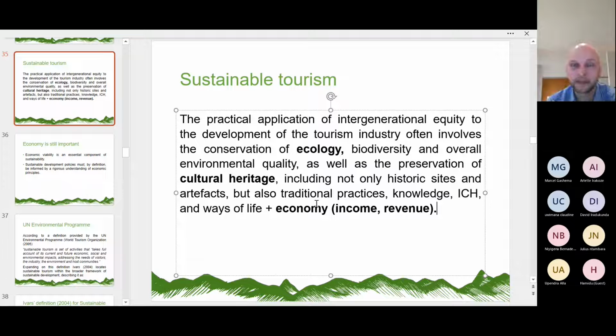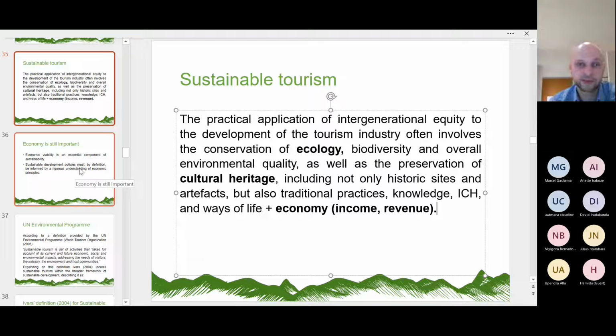So the locals can be involved in the tourism industry not only as producers of souvenirs, but also as hotels. I mean, they can accommodate tourists at their apartments. And also they can work for tourism companies. So tourism has a multiplying effect. So that's why tourism can develop the local communities.